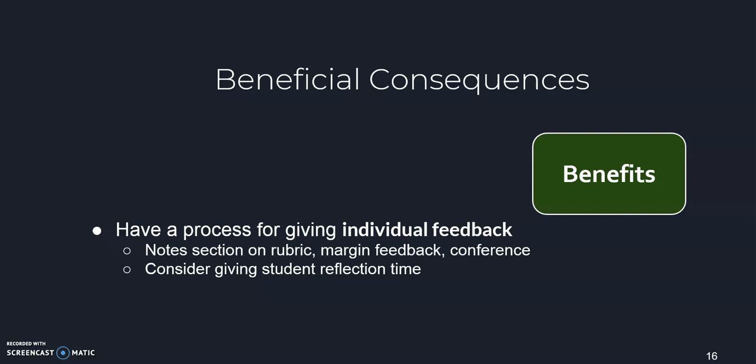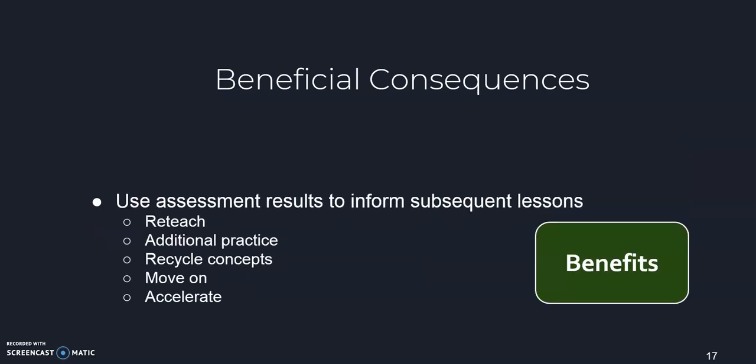The individual feedback, to summarize. Make sure that if they have questions, there's a place and time for them to ask that. Because if we spend the time to give individual feedback, we want to make sure that the students are reading it and using that to improve their performance.